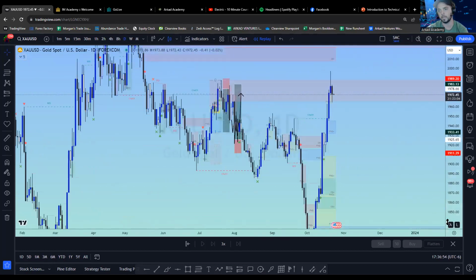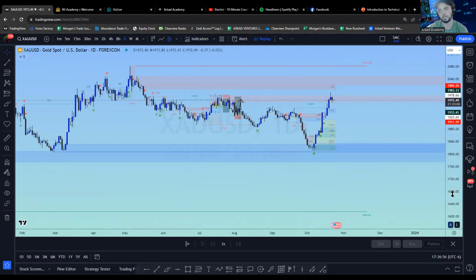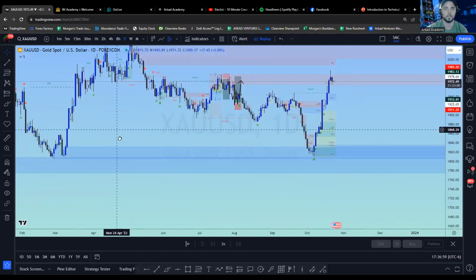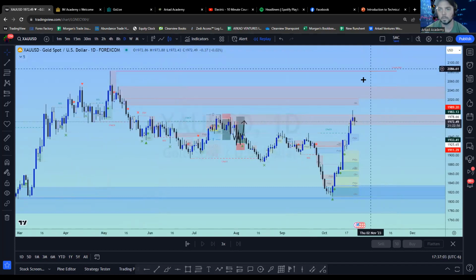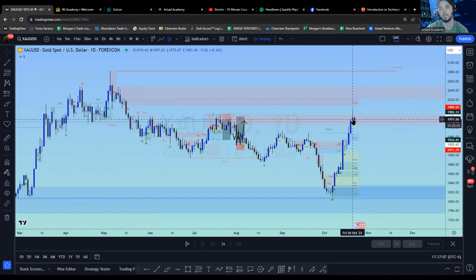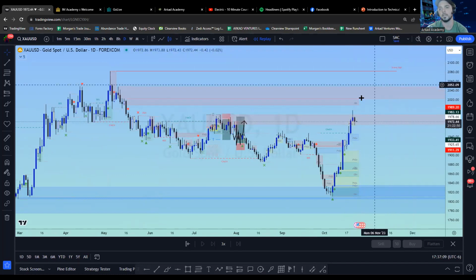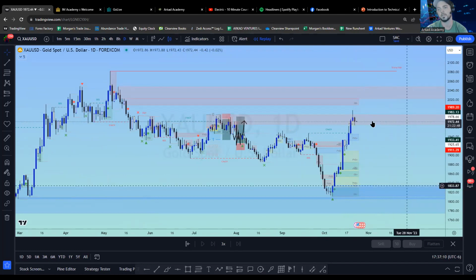And banks usually play off of the daily because they've got all the time in the world and all the money. So there's your strong high on the daily. The closer you get to your strong highs, the more chances of a pullback.